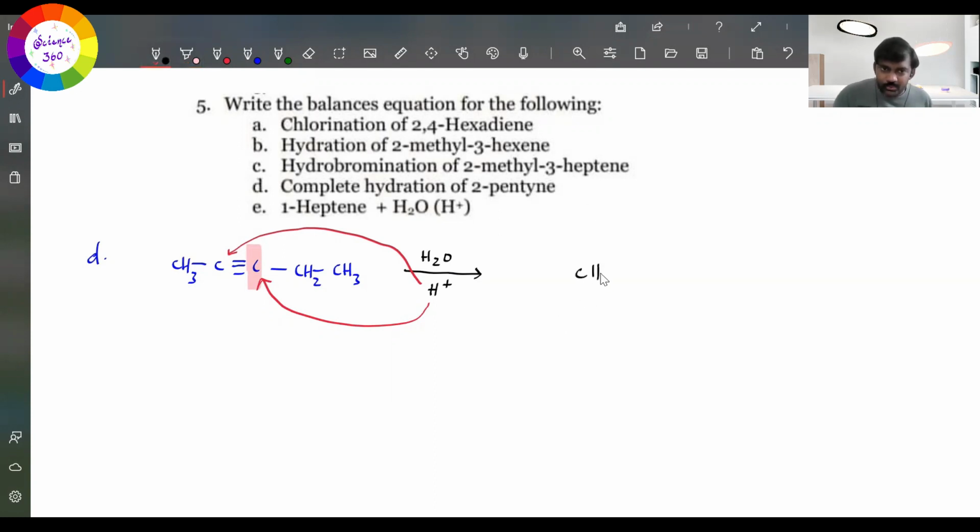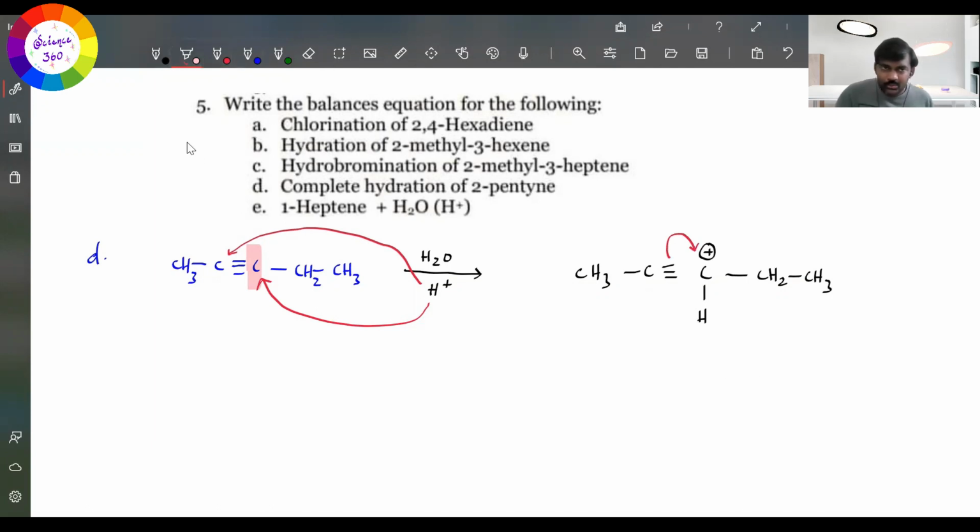So the triple bond is here, H plus ion attacking this, so here I'll get a positive charge. Whenever you get a positive charge there, the pi bond is trying to move towards that carbon. So the pi bond moved and the positive charge will shift to the next carbon.